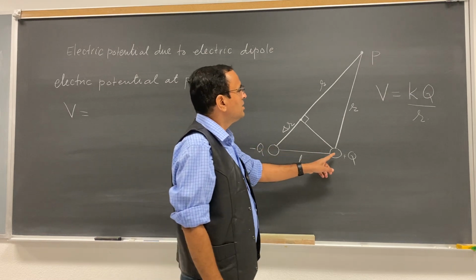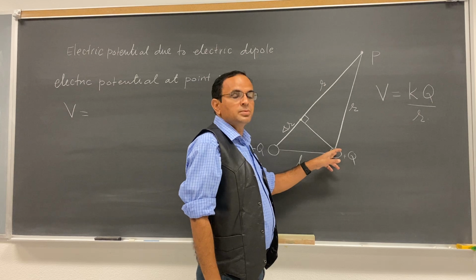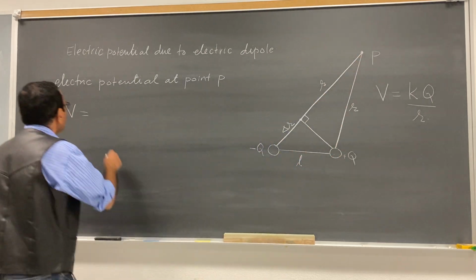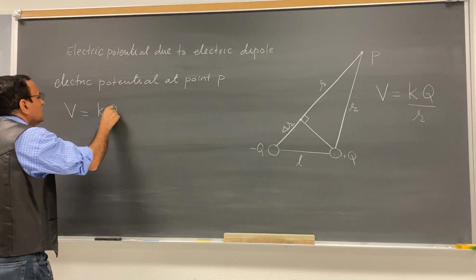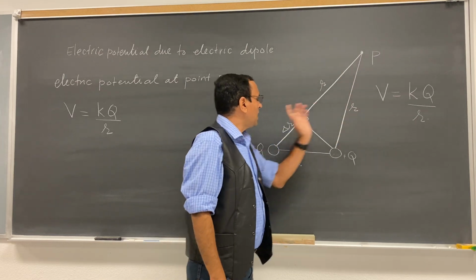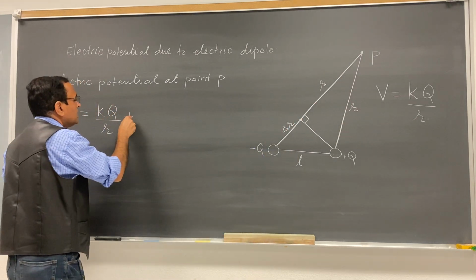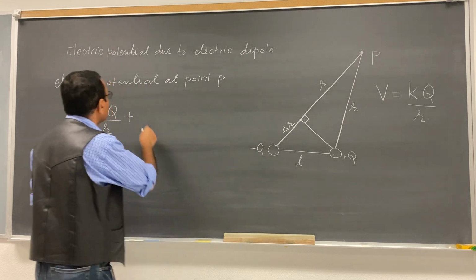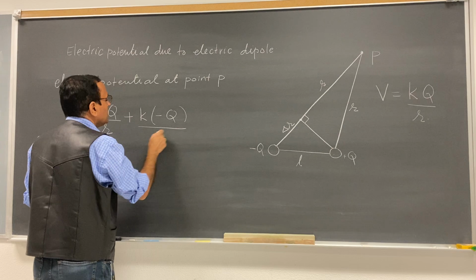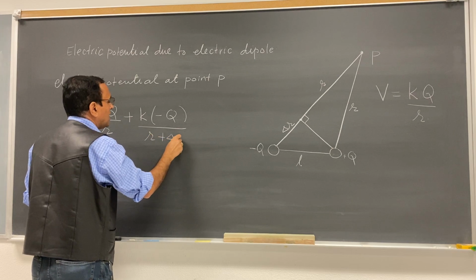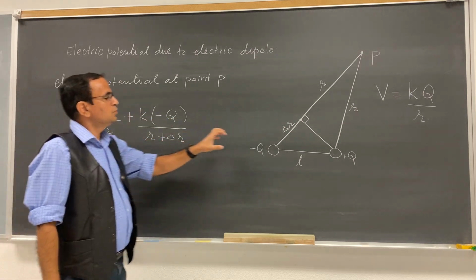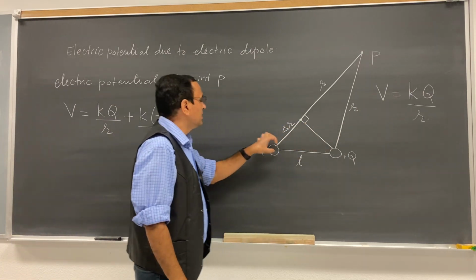The potential due to the positive charge is KQ divided by R, because the distance from here to there is R, plus the potential due to the negative charge is K negative Q divided by R plus delta R. That's it. So we add the potential due to the positive charge and the negative charge.